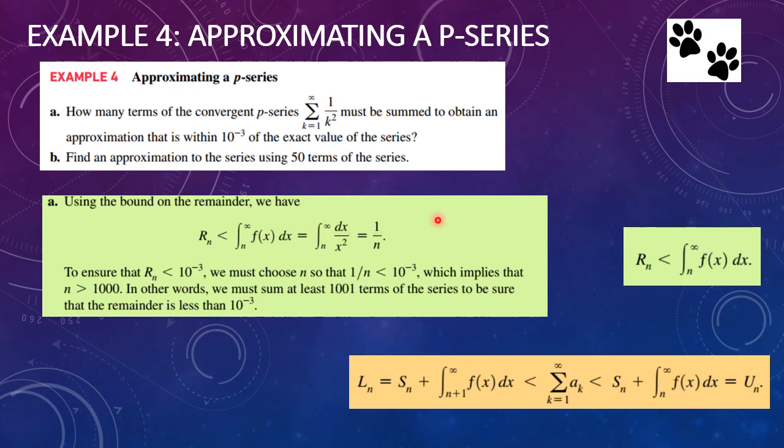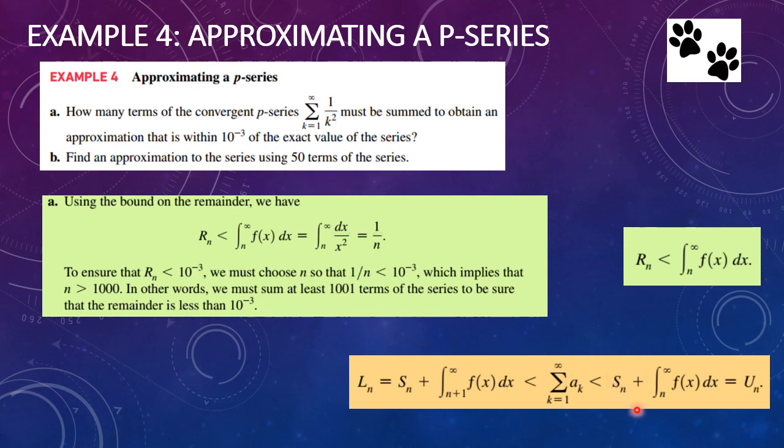Well, we've already done at least one of those integrals, and we got 1 over n for the right side here. That's what these are standing for, upper and lower. This is the lower bound, this is the upper bound.